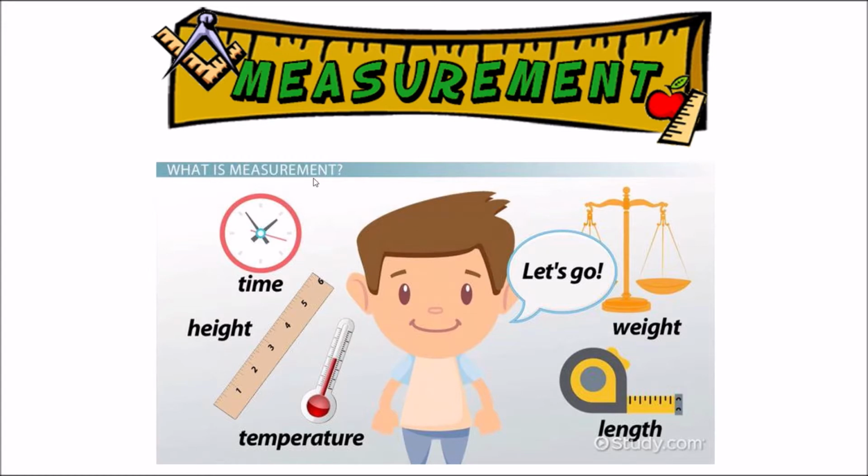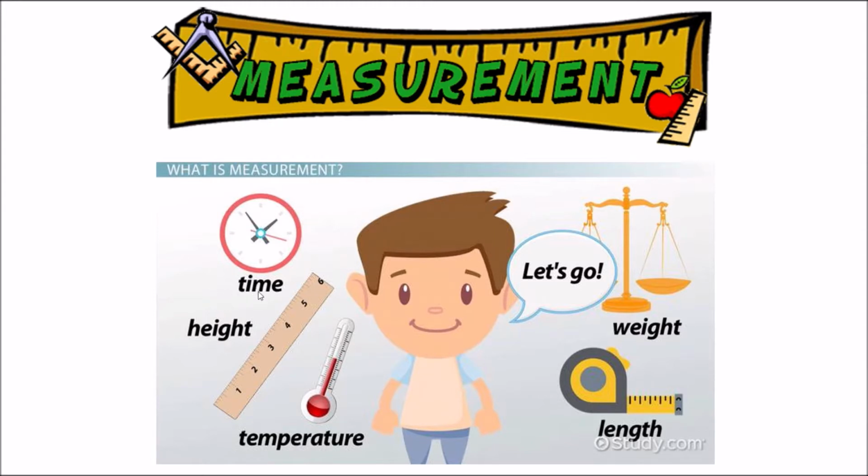When we measure something, we find out how long something is, how heavy something is, how tall something is, how much weight something has. There are lots of things that we can measure.